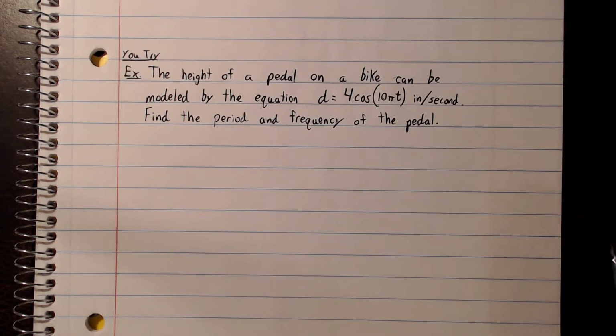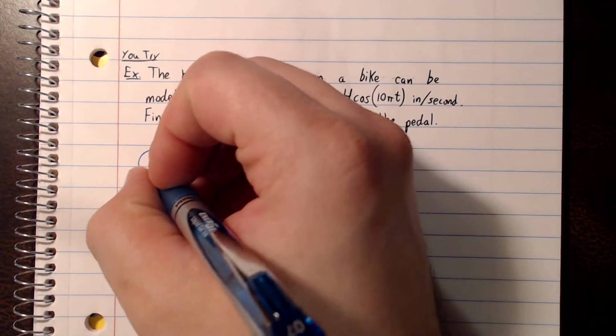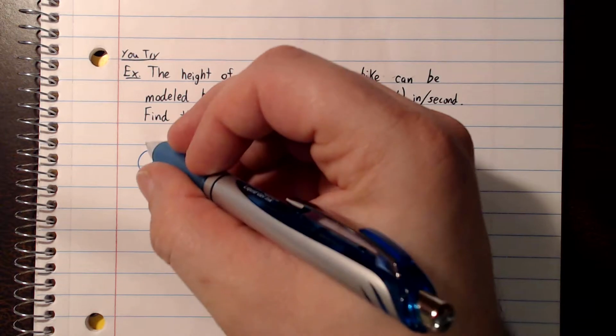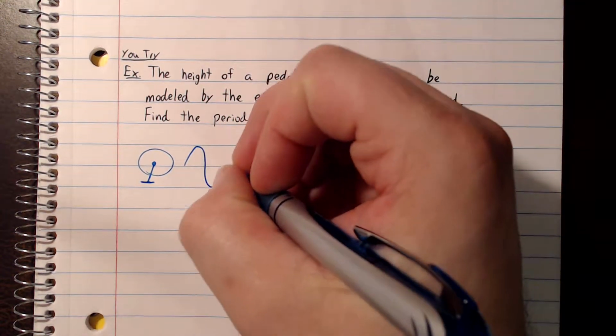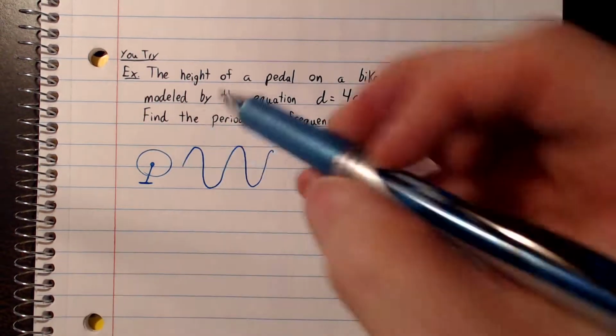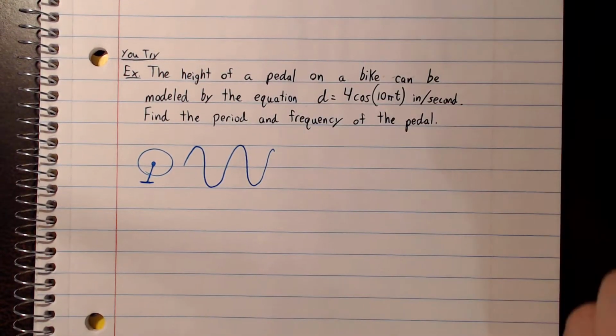Alright, so here's what's going on. Think of this as your bike pedal. As you spin around and around and around, the height of that pedal is going like this. The height. That's why circular motions like that, wheels, are harmonic.